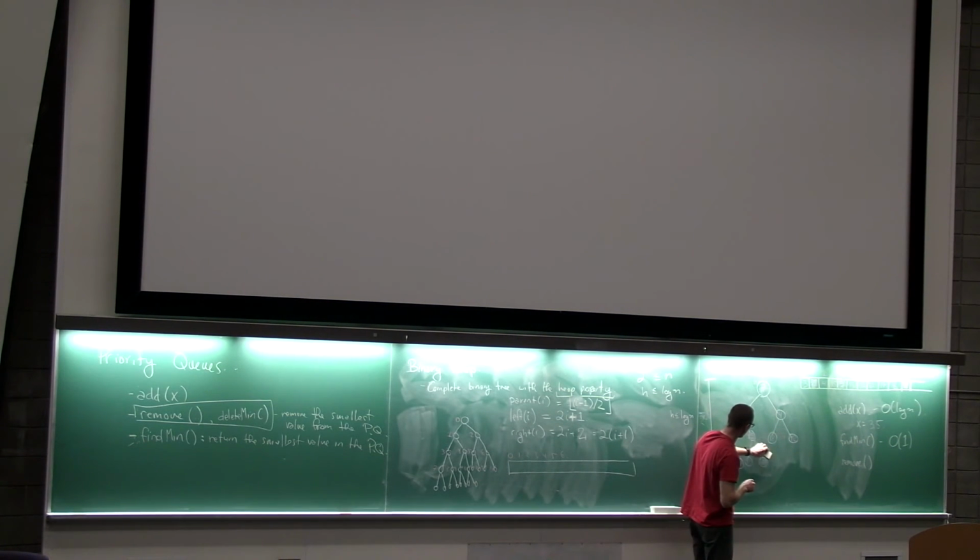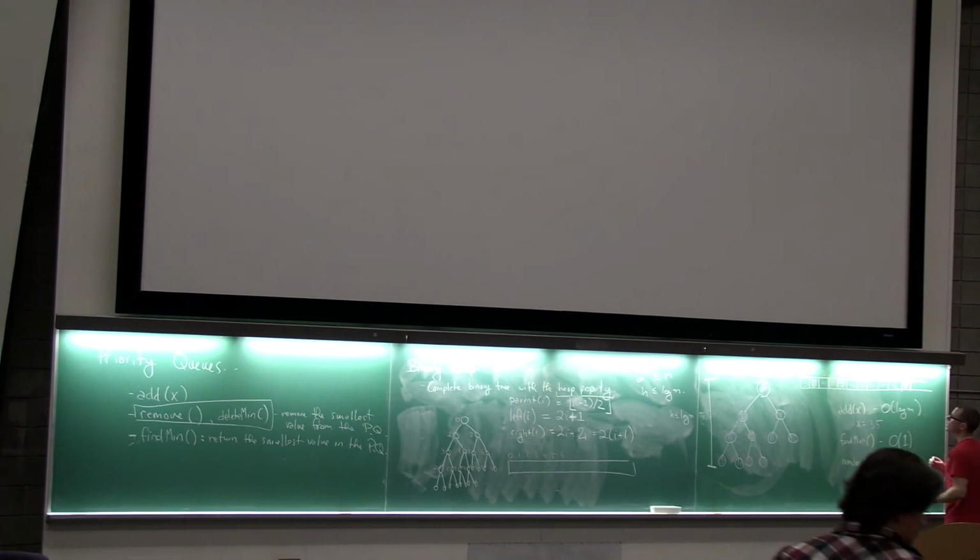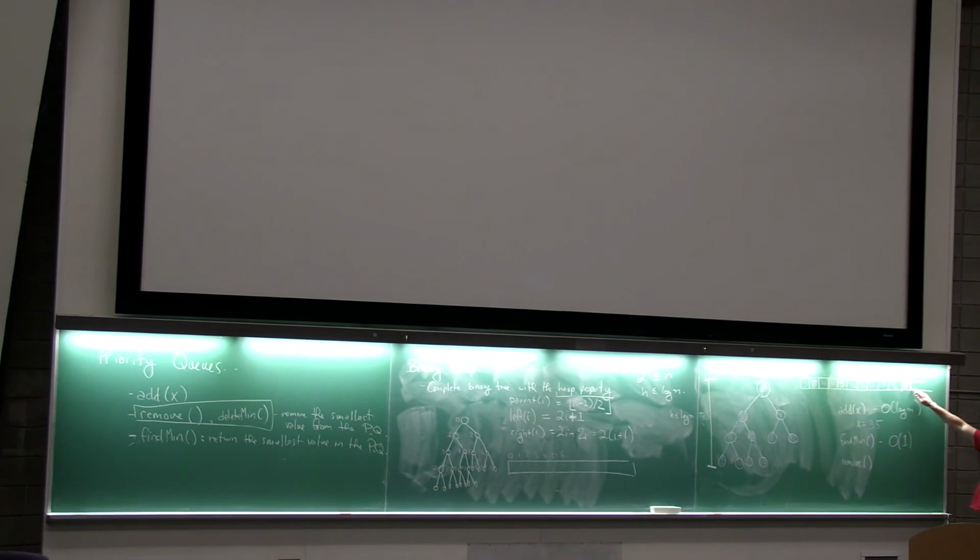And now this node is actually gone from the tree. So that's easy to implement in the array. We take the element at position n-1 and copy it up here. And of course, we decrease the value of n because there's one less element.